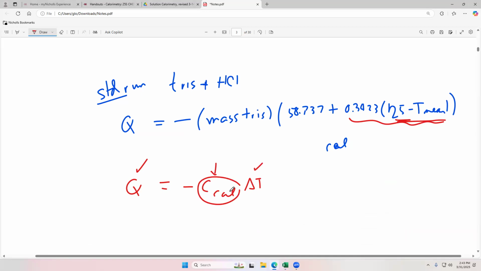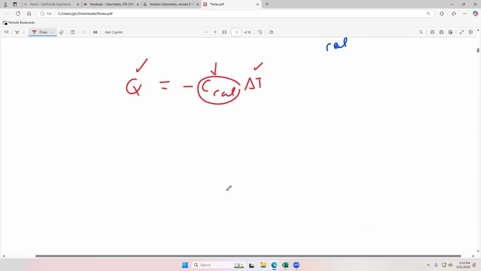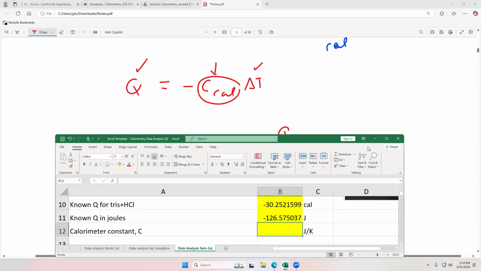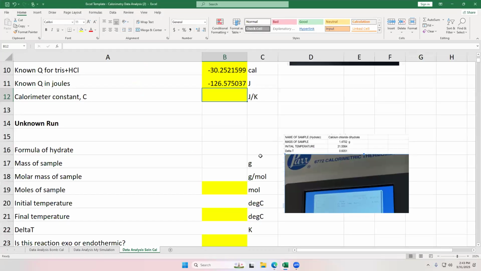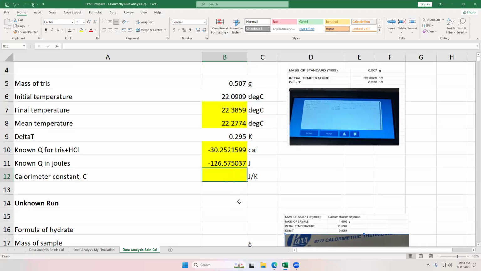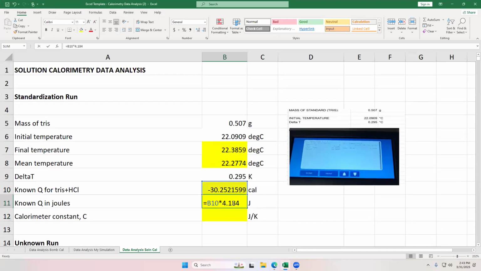The calorimeter constant is minus Q over delta T. That's just the value in joules, calories times 4.184 joules.